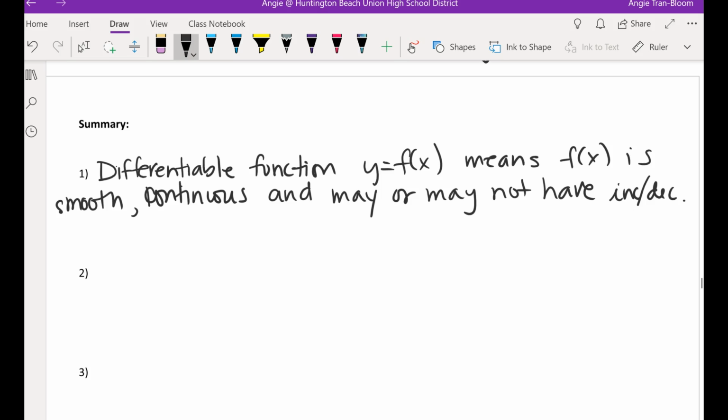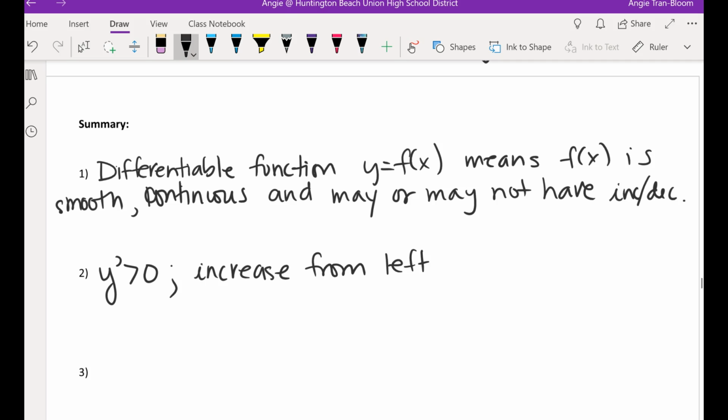Okay? Now let's go to y prime is bigger than 0. When the slope is positive, we always talk about it increasing. So increase, and we use from left to right.